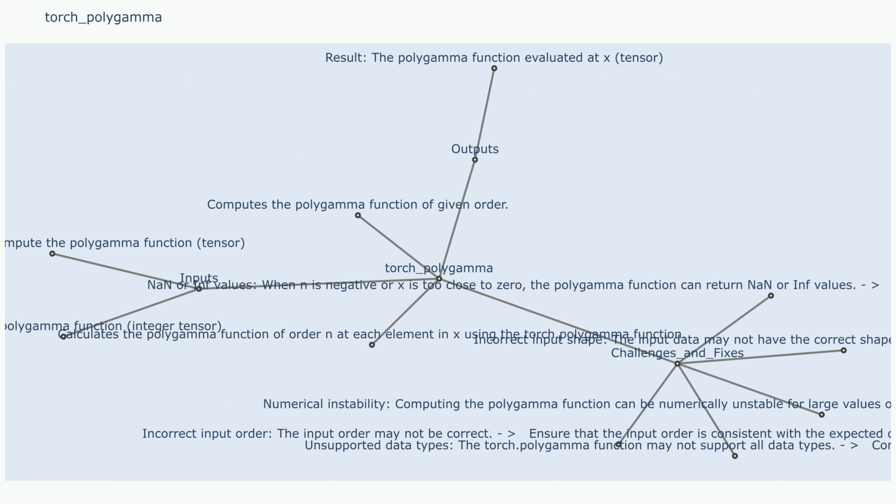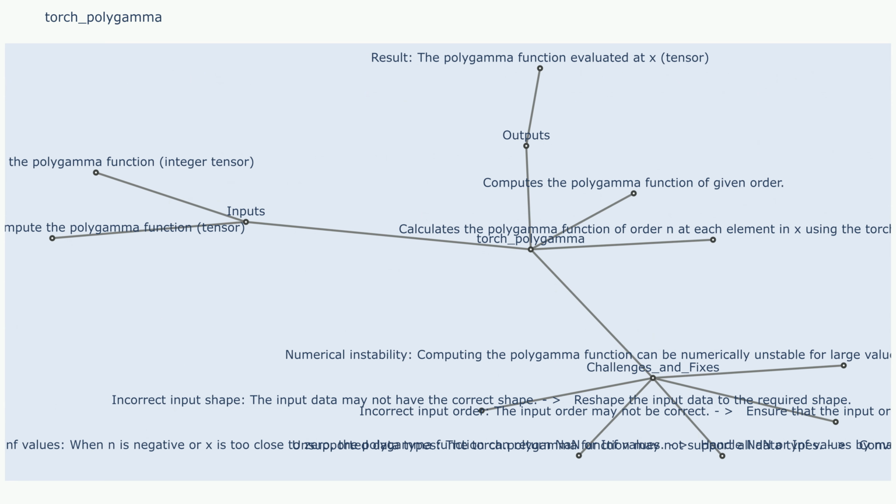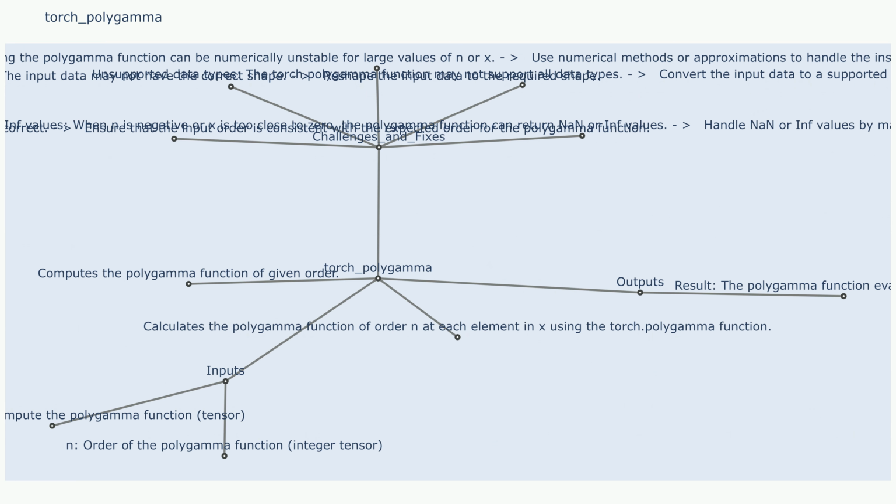Inputs. n: an integer tensor representing the order of the derivative. This is the n in the polygamma(n, x) function. x: a tensor of real numbers representing the points at which the polygamma function is evaluated. This is the x in the polygamma(n, x) function.